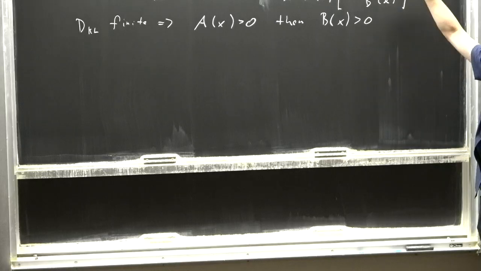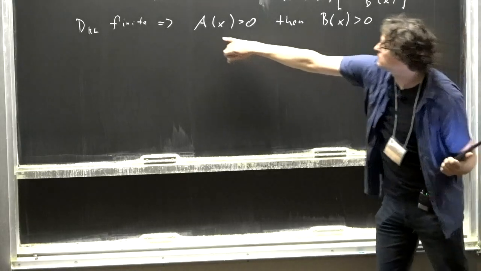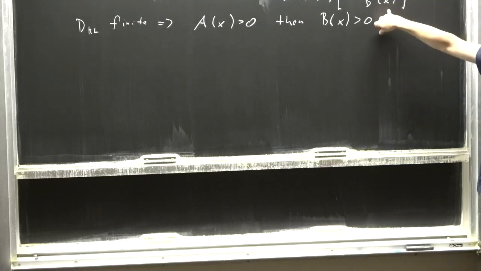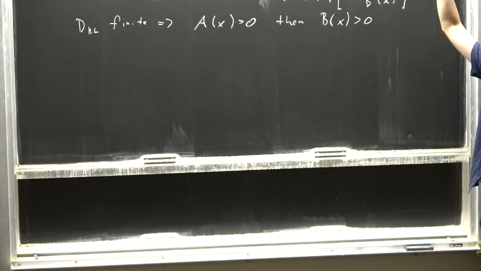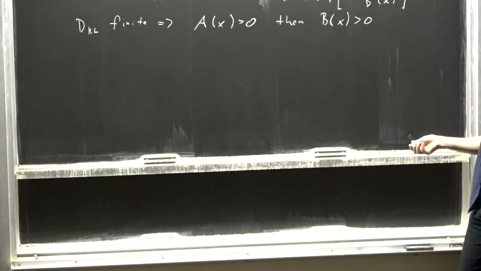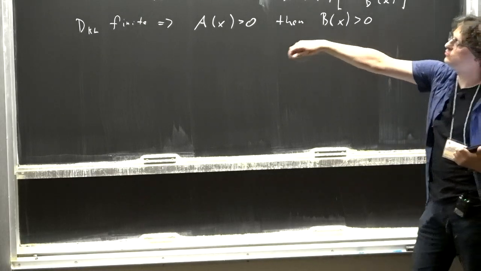Otherwise, you get a logarithmic divergence. Think about A being non-zero: if B goes to 0, you get a logarithmic divergence. That's certainly not something you would be able to tolerate if you use this as a loss function.